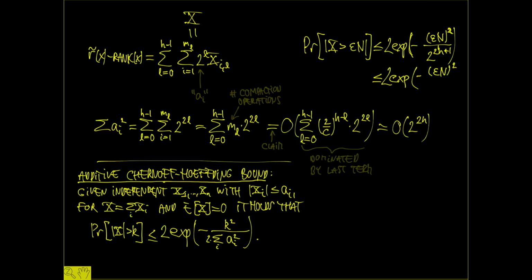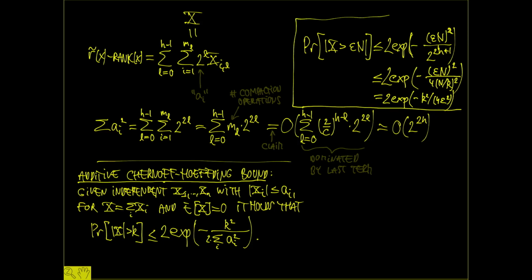Now I'm going to claim, and this is the second claim that we need to substantiate, that 2 to the 2h plus 1 can be upper bounded by 4 times n over k squared. If you believe that for a minute, the whole thing is going to be exponentially small in k squared divided by 4 epsilon squared. We'll get back to this claim number 2 on the next slide. But before that, let's see that we achieved what we wanted to.